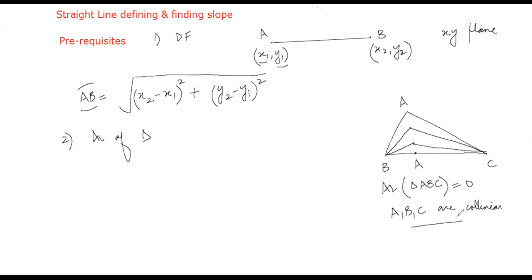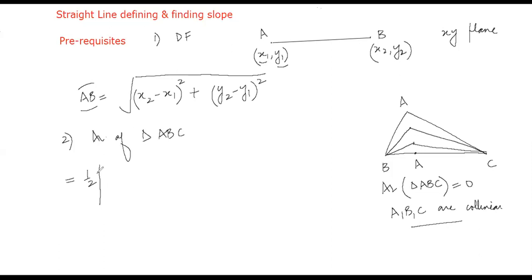Now, in this case, we can say the area of the triangle is 0. So, we can always prove whether 3 points are collinear by finding the area, and in case the area is 0, the points are collinear. In any case, whether A is on BC or wherever A is, the area of triangle ABC is equal to half the modulus, because area cannot be negative.